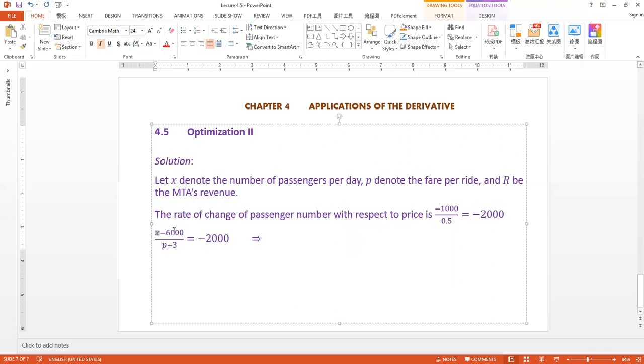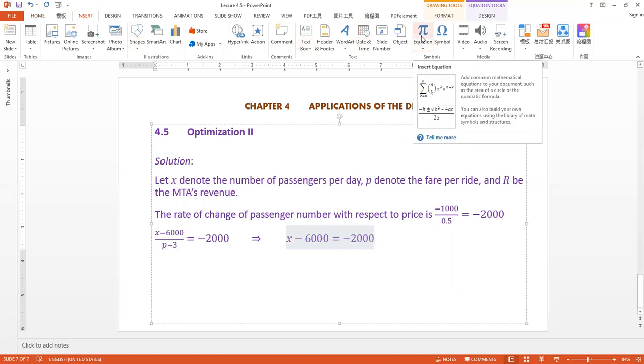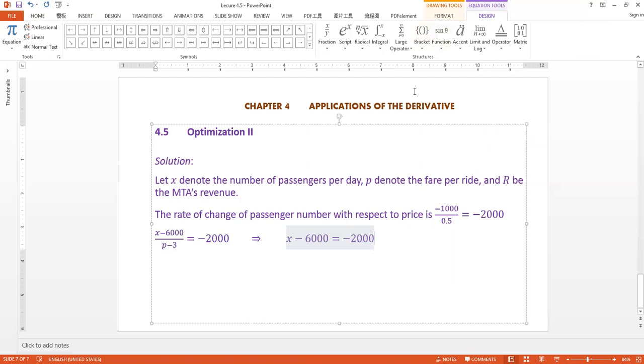We get x minus 6,000 equals negative 2,000 times p minus 3, isn't it?